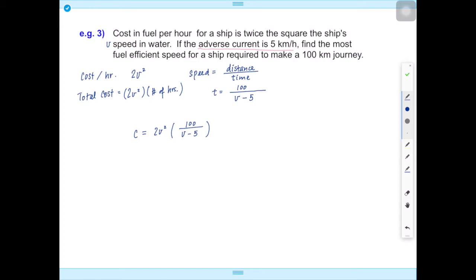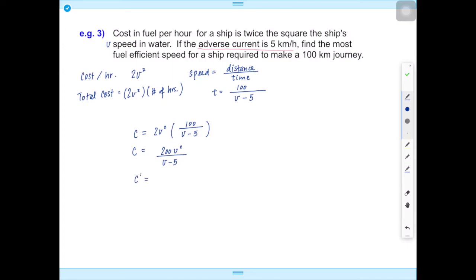So let's try to simplify this function first, because I have a lot going on. Okay, so this is 200v squared over v minus 5. That's C. So if I take the derivative of this, it looks like I can make use of the quotient rule. C prime.